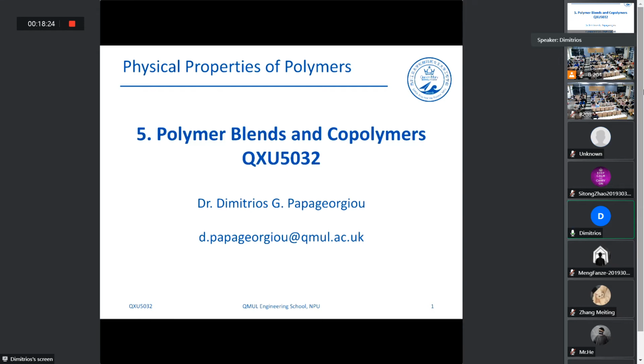Polymer blends and copolymers are similar types of polymeric materials, but they are prepared in completely different ways, okay? A polymer blend is essentially a mixture of two polymers that is combined either by melting the two polymers and mixing them, or by dissolving them in a solvent and then mixing the two solutions.